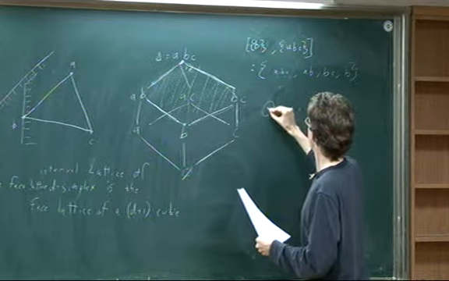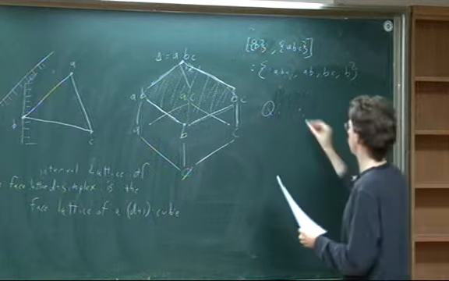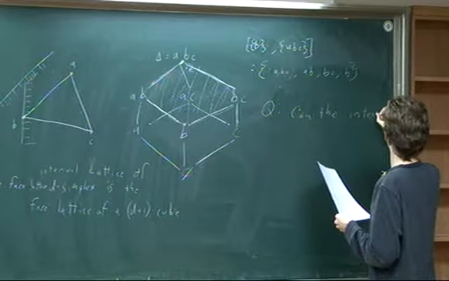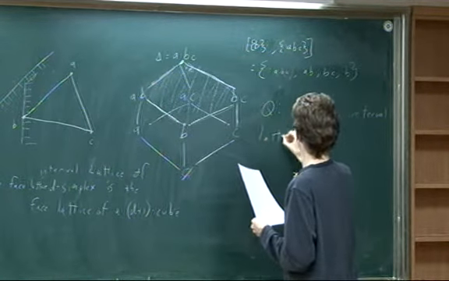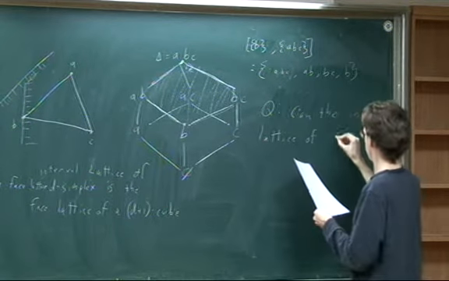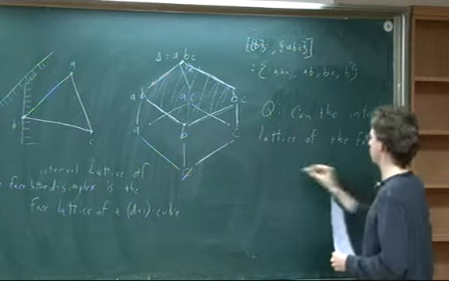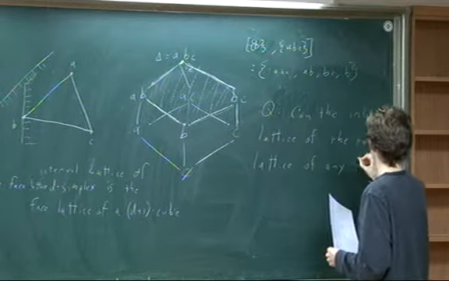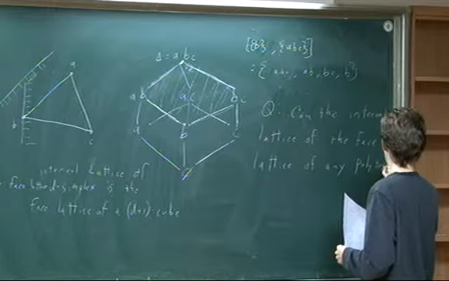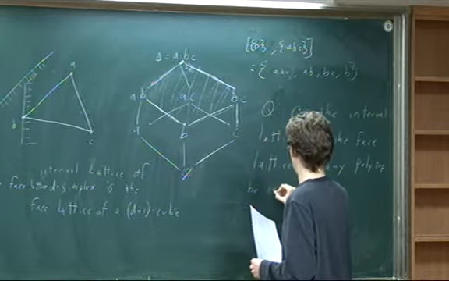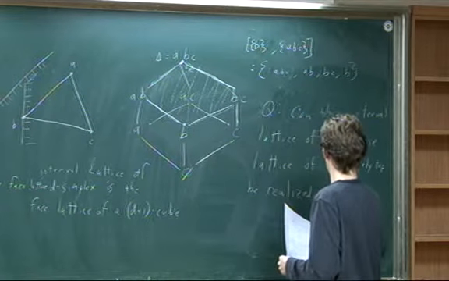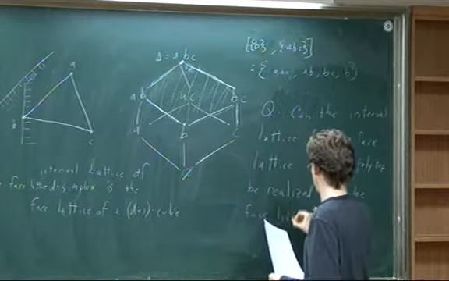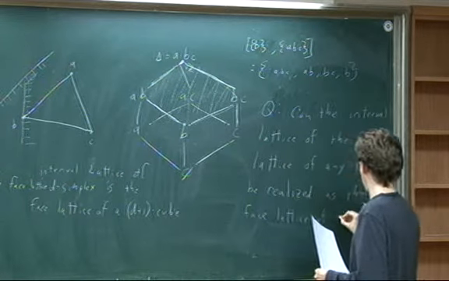So the question is, can the interval lattice of the face lattice of any polytope be realized as the face lattice of some other polytope?